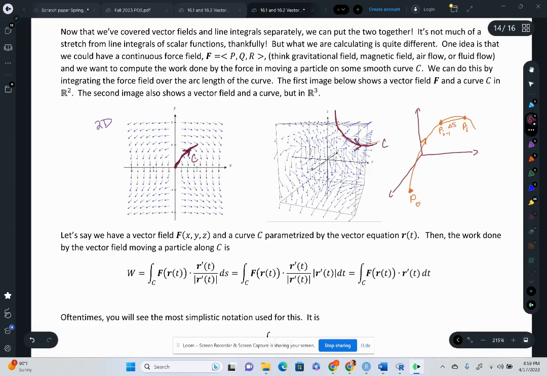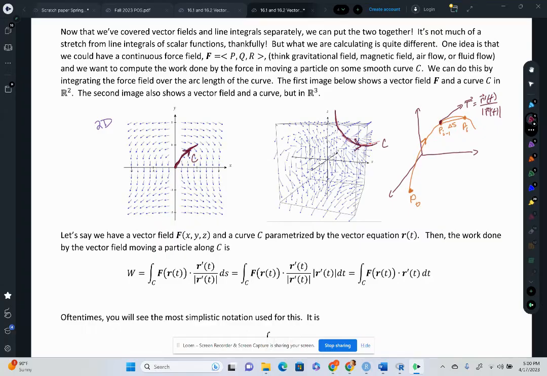And then we could look at P sub i minus 1, and we could calculate a tangent vector, T. Remember that the unit tangent vector is r prime of t over the magnitude of r prime of t. And so we could think of this as like a velocity vector.